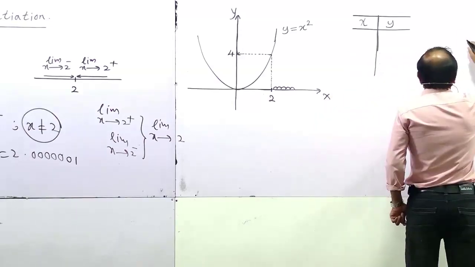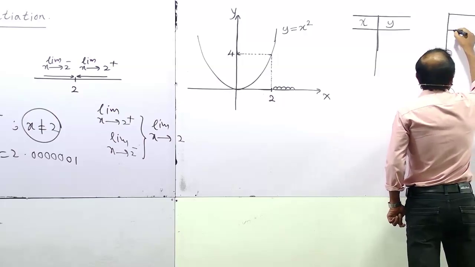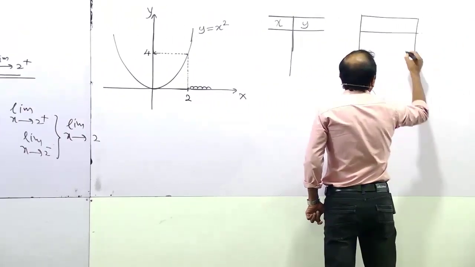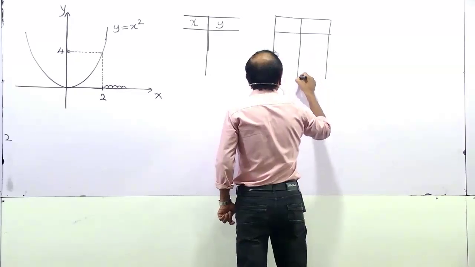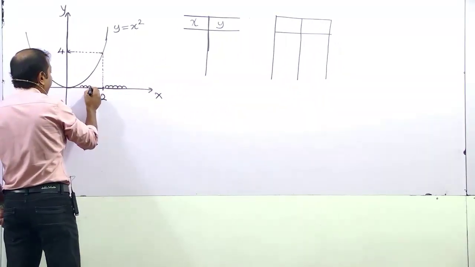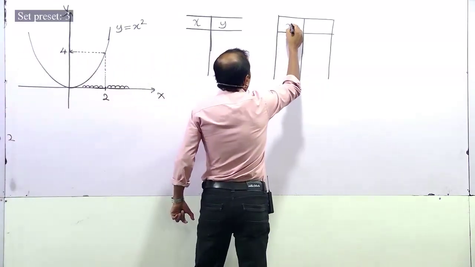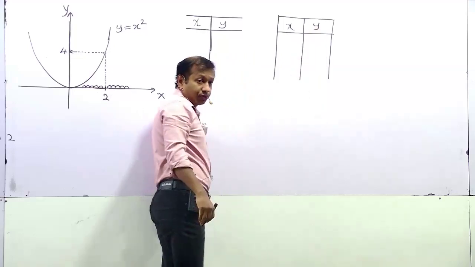Okay. The second table, I am going to consider x values which are coming to 2 on the left of 2 this way. Then I am going to calculate the corresponding y values, right?